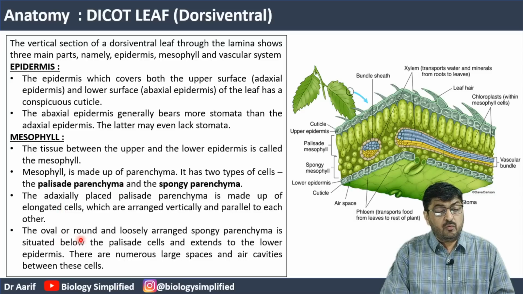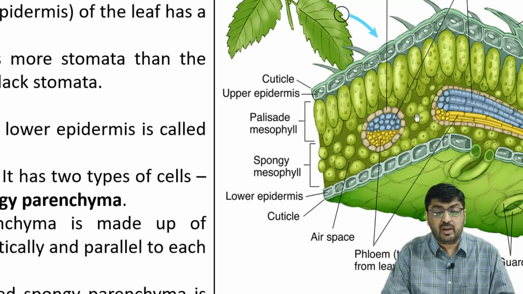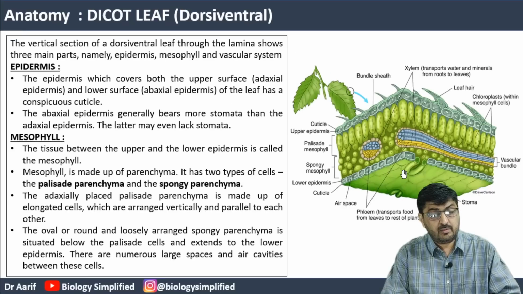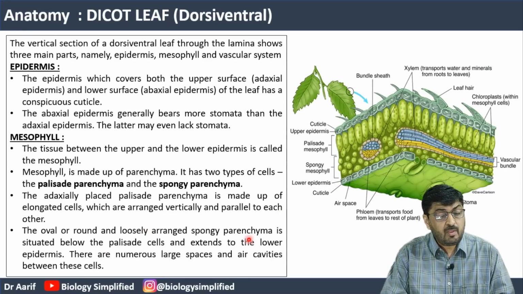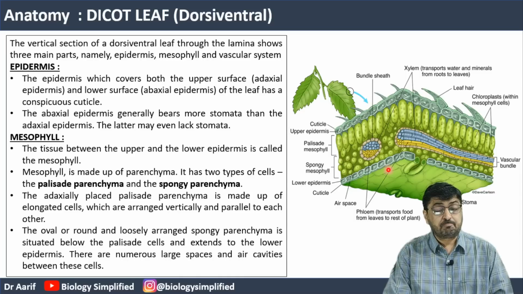The oval or round and loosely, look at the structure here, oval, round, loosely arranged. Can you see intercellular spaces बहुत ज़्यादा है यहाँ पे, very loosely arranged. Is called spongy parenchyma, situated below the palisade, extends to the lower epidermis, and there are numerous large spaces and air cavities between the cells, which is very distinct from the diagram.